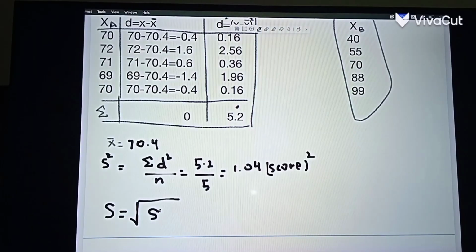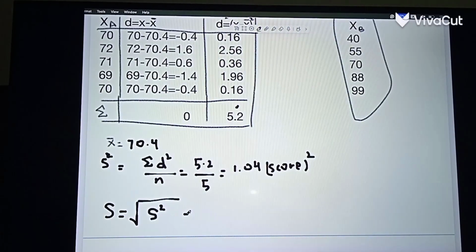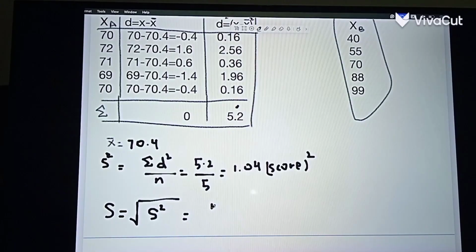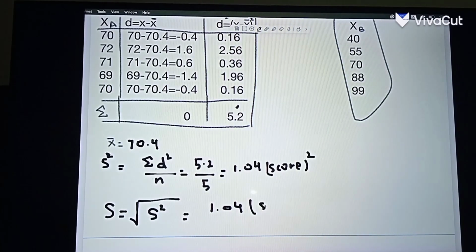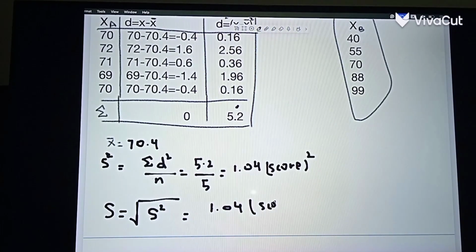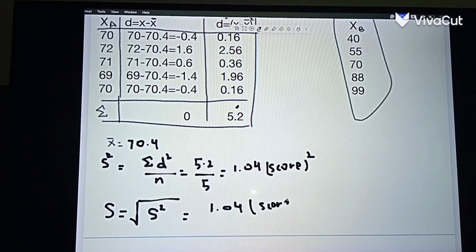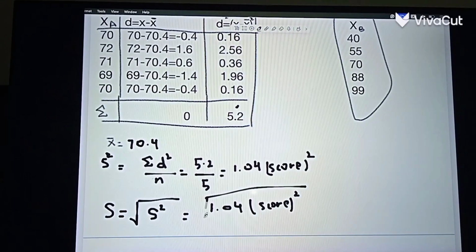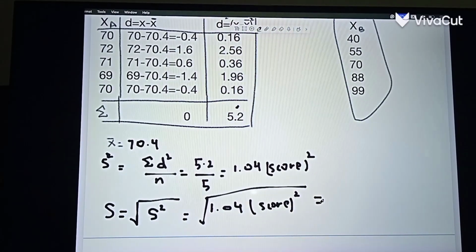So I will take the square root of 1.04 score squared. The square root of 1.04 gives me 1.01, and the squared unit gives me only score.